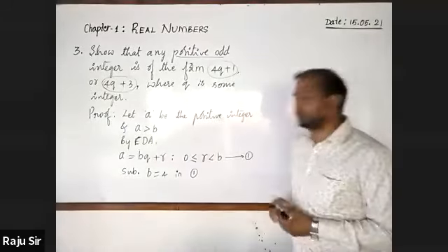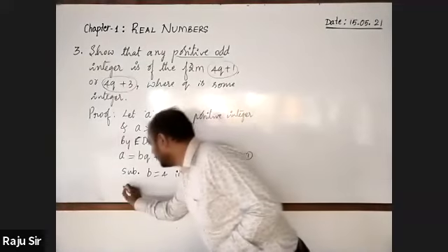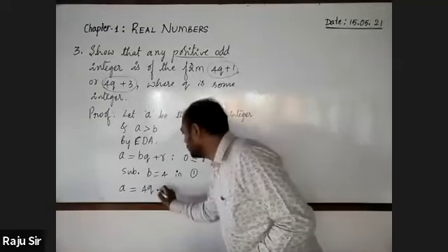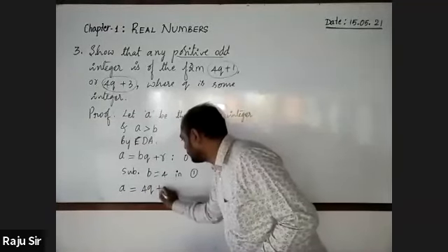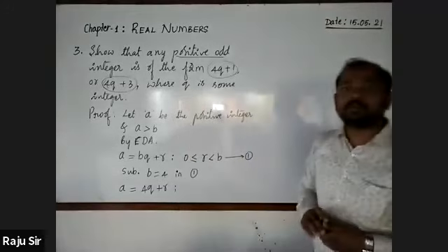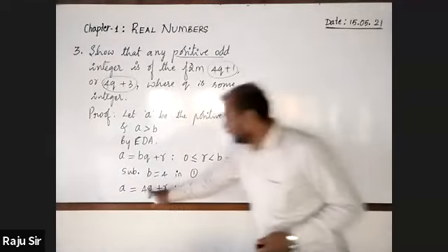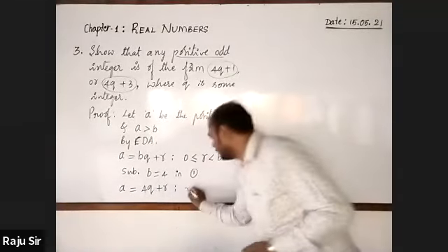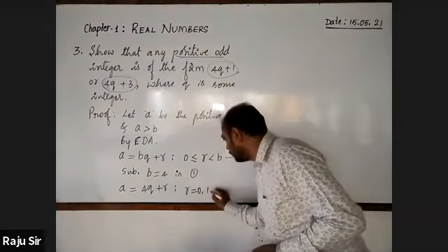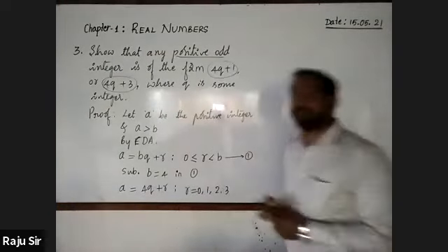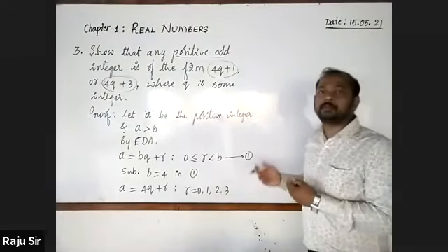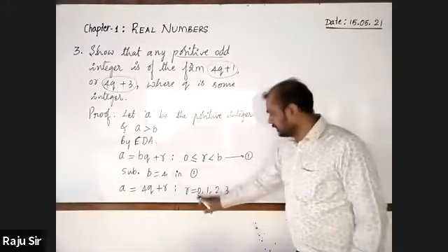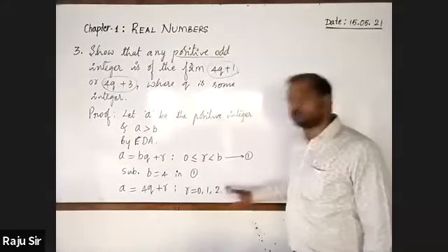Then statement 1 can be written as A equals 4q plus R. If 4 is the divisor, then the possible remainders are 0, 1, 2, and 3. Yesterday I told you how to take the possible remainders for the given divisor. Here 4 is there, hence the possible remainders will be from 0 to 3.